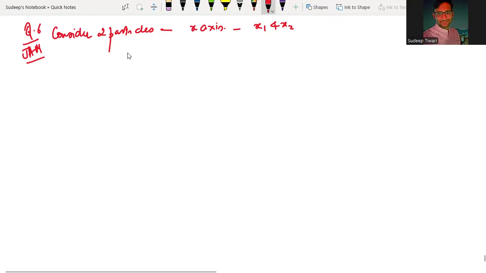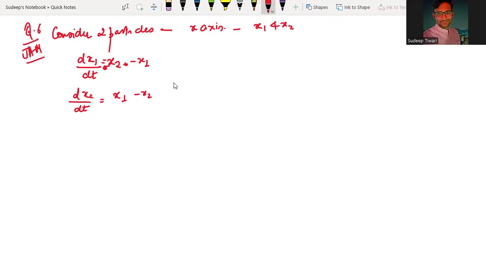Their velocities are given in this form: dx1 by dt is equal to x2 minus x1, and dx2 upon dt is equal to x1 minus x2.